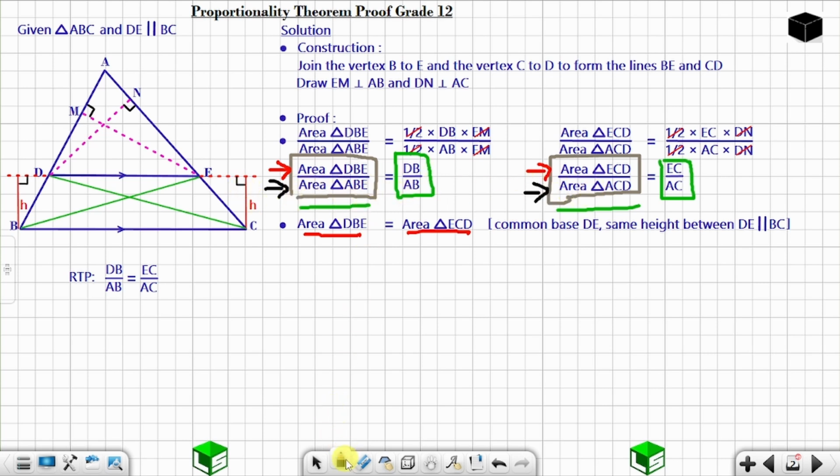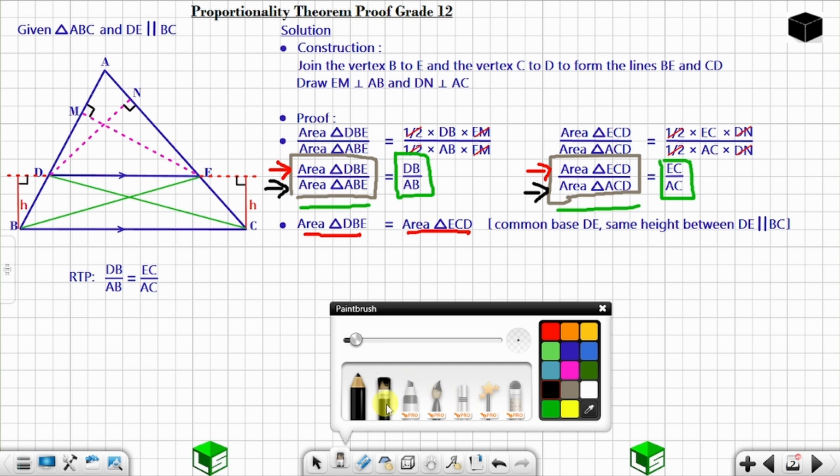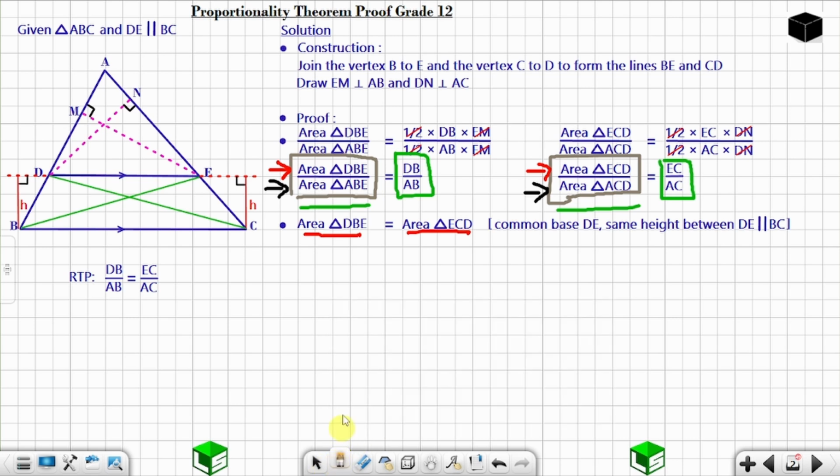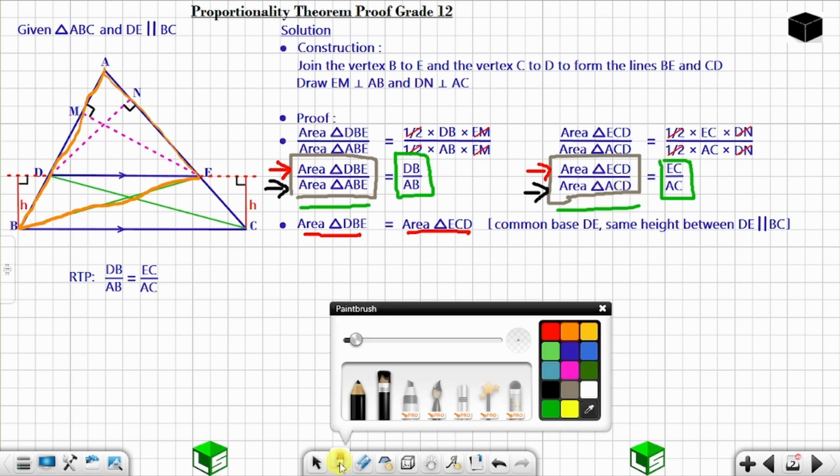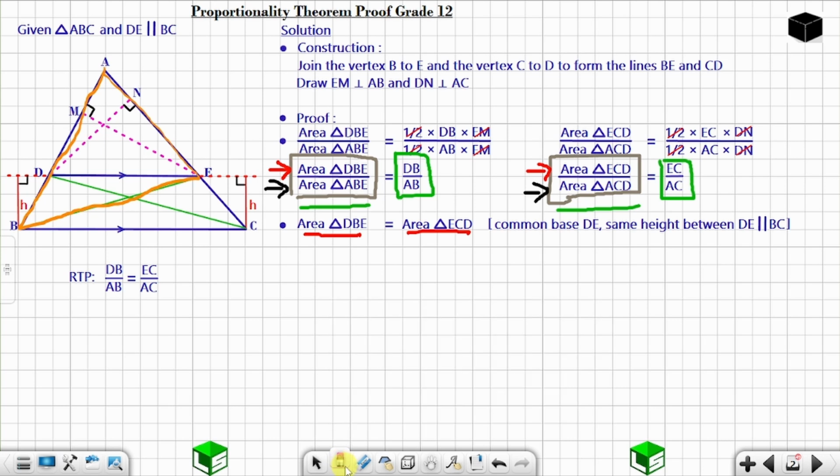For the denominator, you have the area of triangle ABE and the area of triangle ACD.